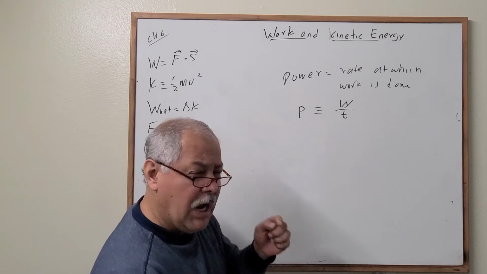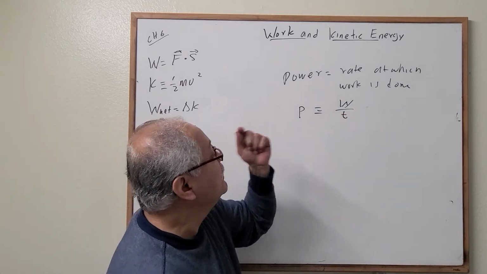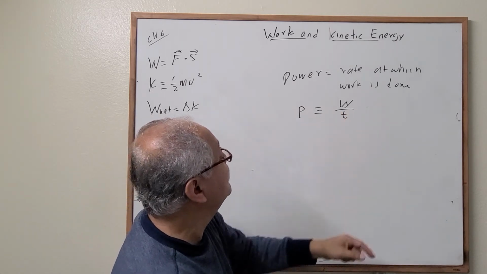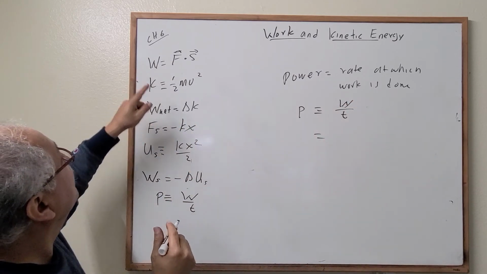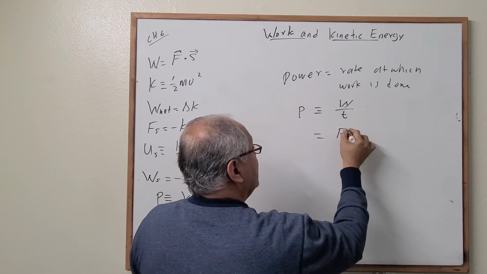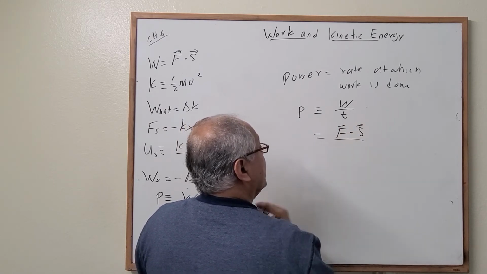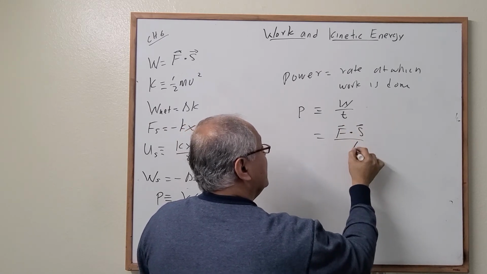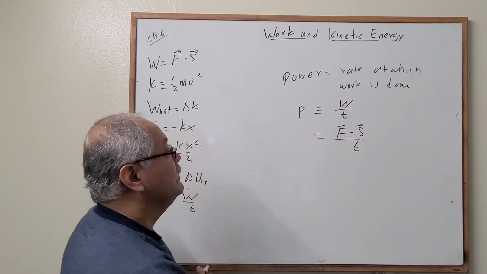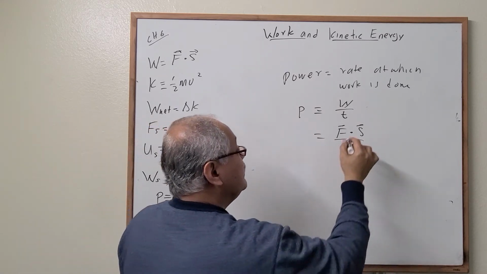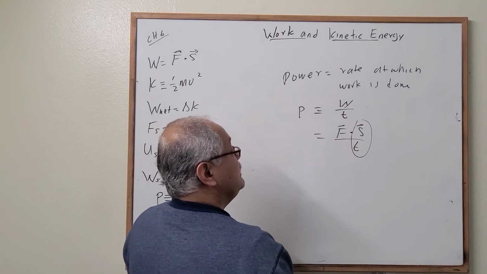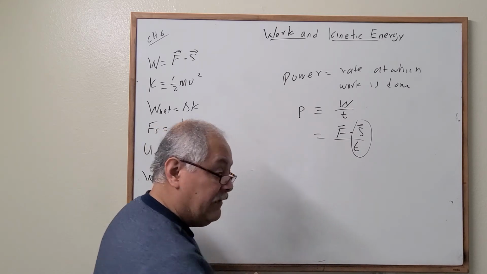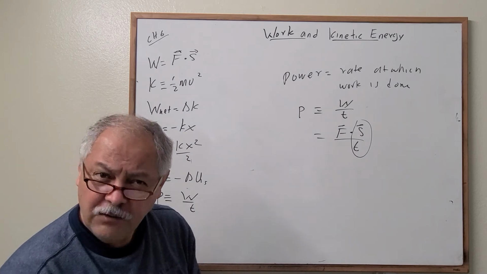Great. Now let's see how far we can get from this equation. Let's work with work. Work is the dot product of force and displacement, and then divided by time. But we know that displacement divided by time is velocity, remember?